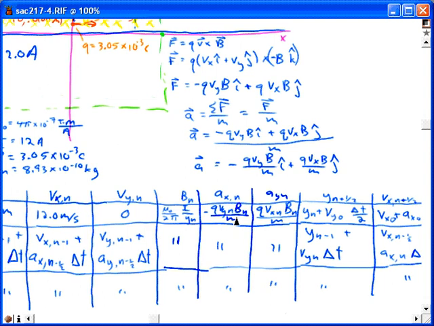And then the A just depends on the V. So the x component of A has a minus sign and it involves the y component of the velocity. Let's see how much of that I can remember.